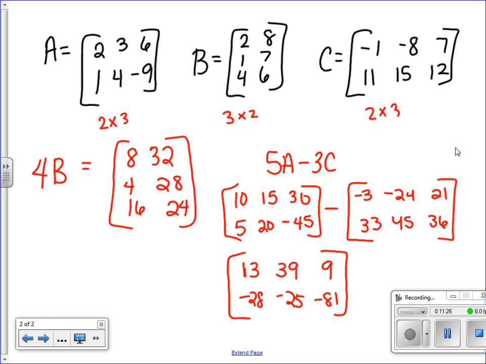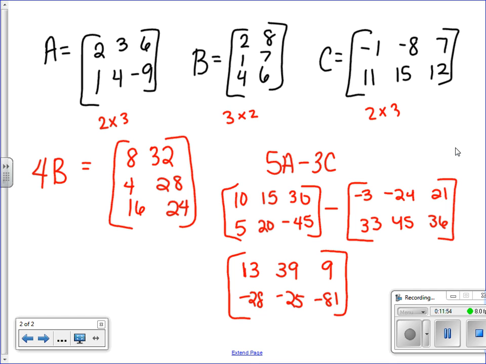I don't think I want to try my matrix multiplication today.